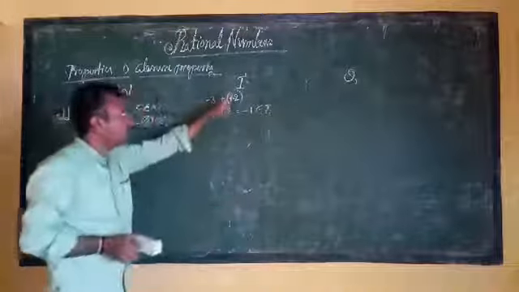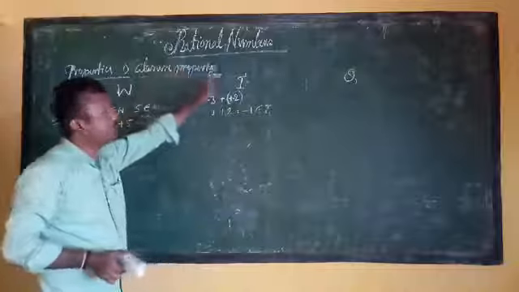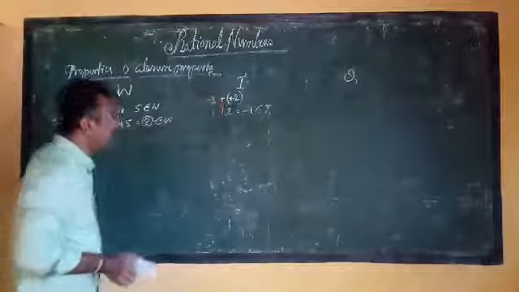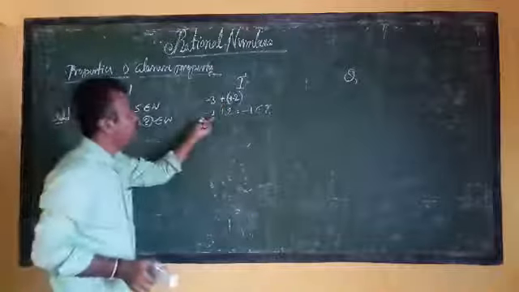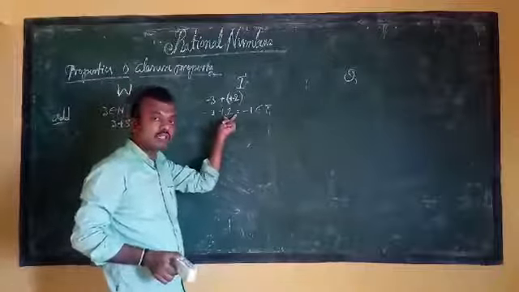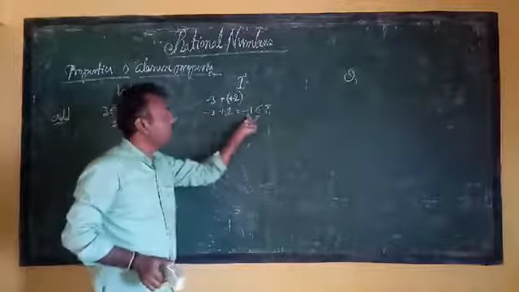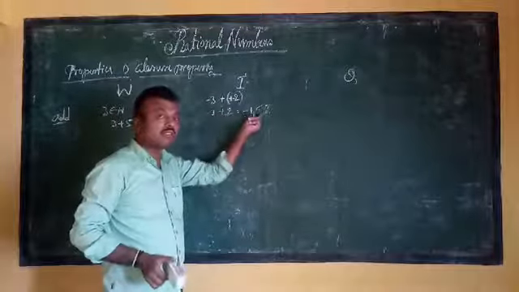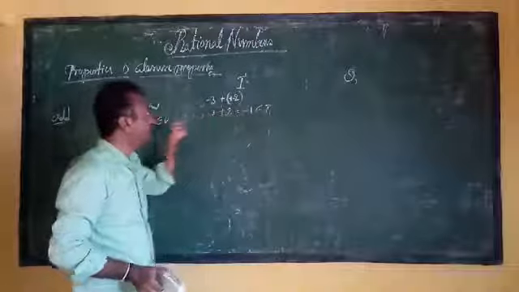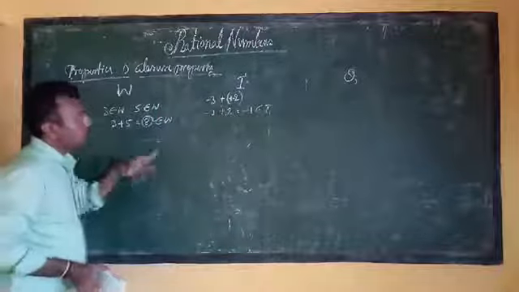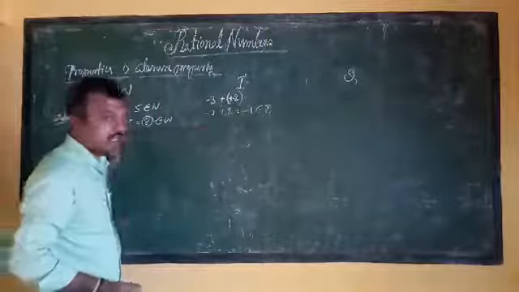Therefore the closure property of integers is satisfied under addition, because minus 3 is an integer and 2 is another integer. When you add, it becomes minus 1, and this minus 1 is also an integer.